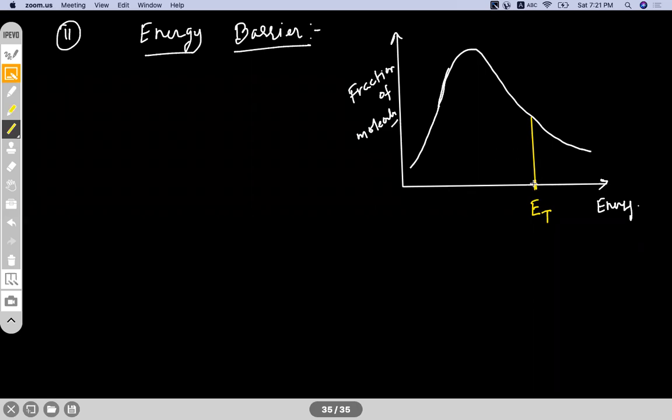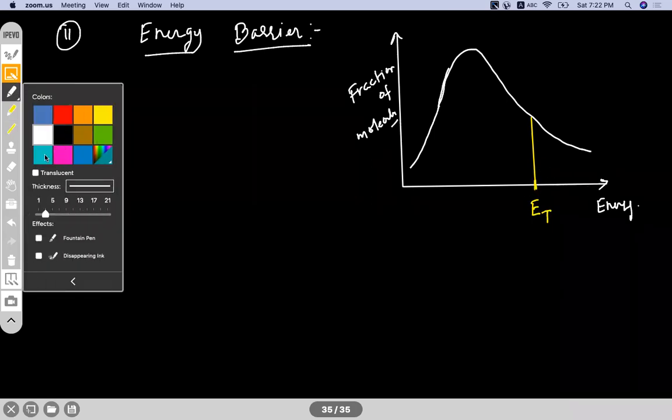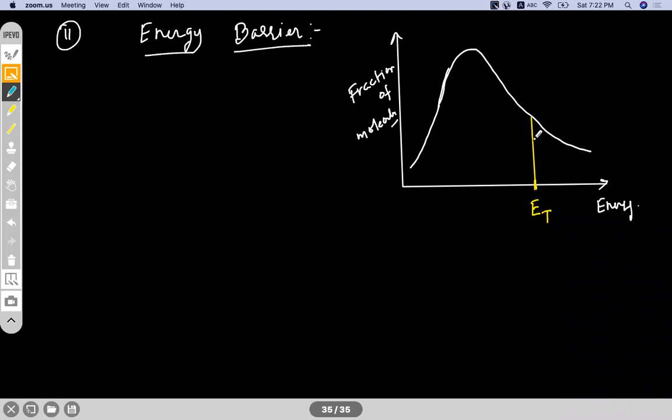All those molecules which have energy below this threshold energy will not provide effective collision. Collision will be there, but those collisions are non-effective collisions. All fractions of molecules which are towards the right side of this threshold energy provide the effective collisions.